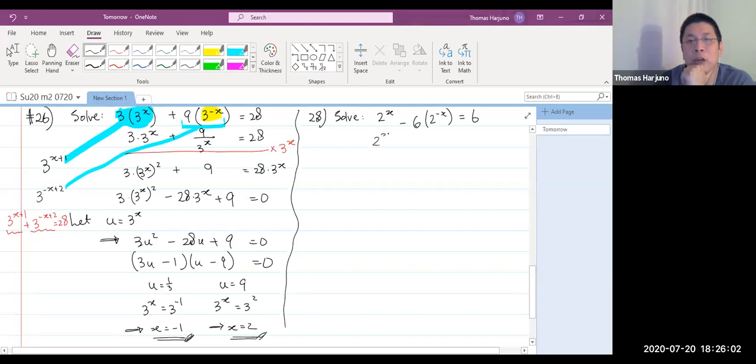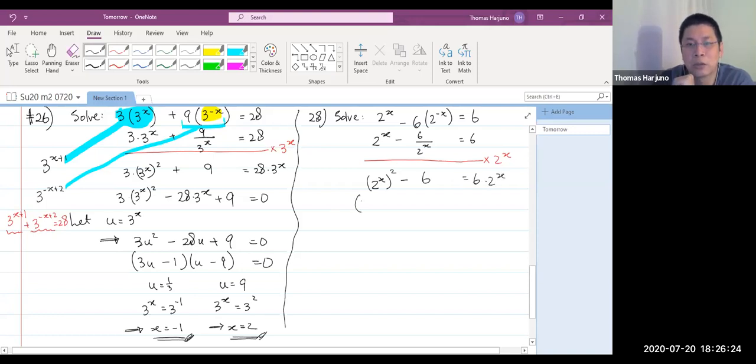This is 2 to the x minus 6 over 2 to the x equals 6. Multiplied by the LCD, 2 to the x, it gives me 2 to the x squared minus 6 equals 6 times 2 to the x.